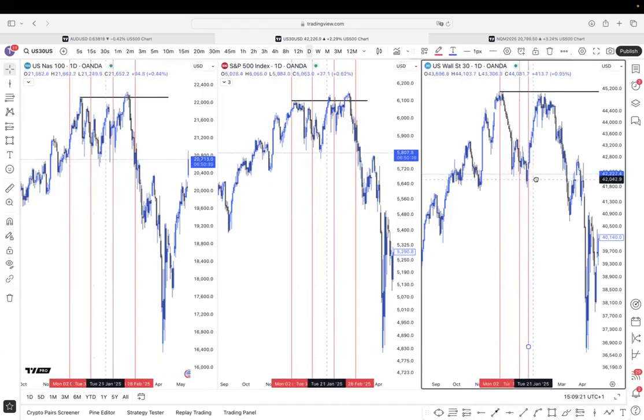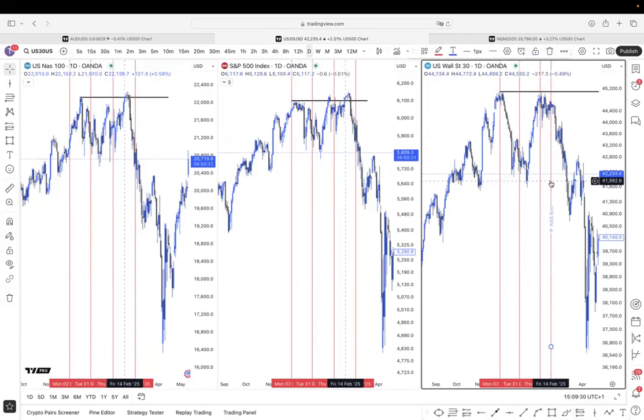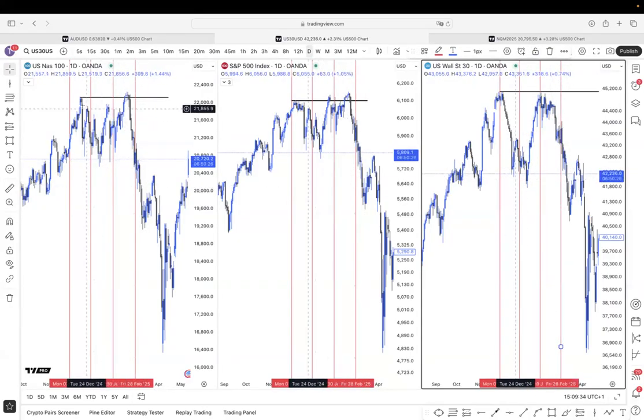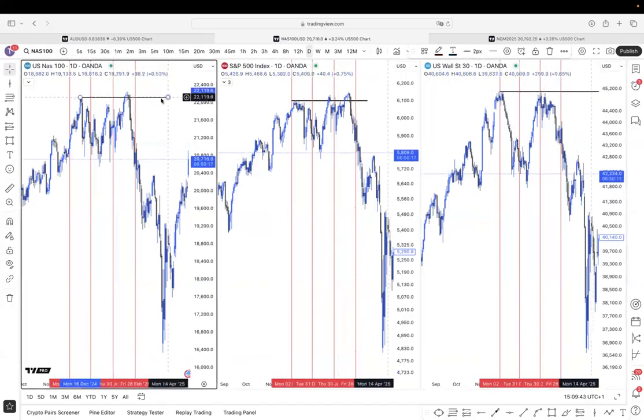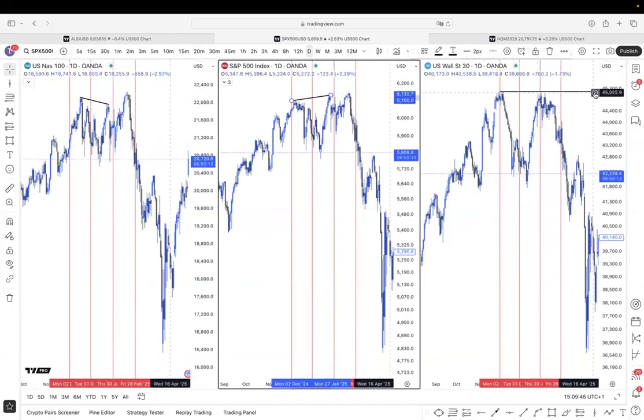Because when we talk about divergence, and this is the thing, when I talk about quarterly theory, we are not trying to get the accumulation, manipulation, all that stuff. You can see there's a difference here, but the actual run here, I want you to focus on this for a second.